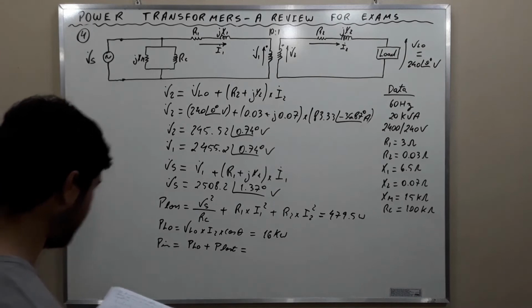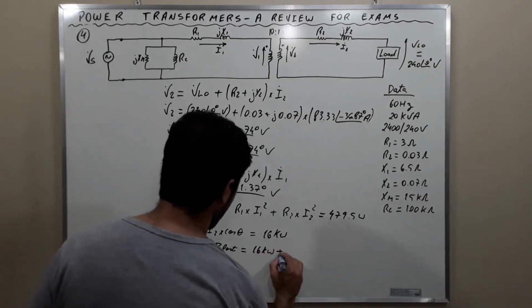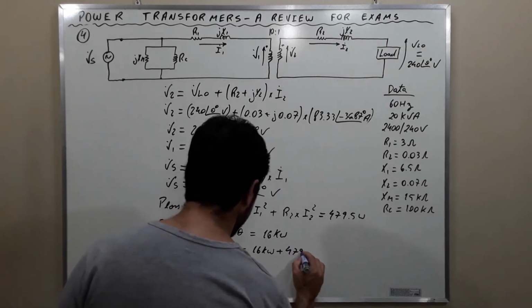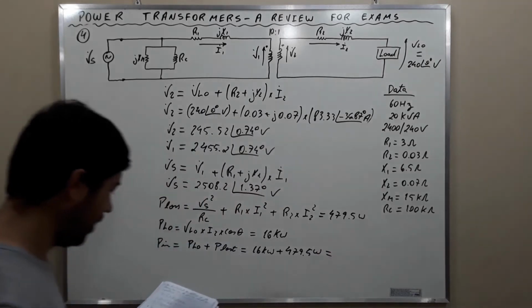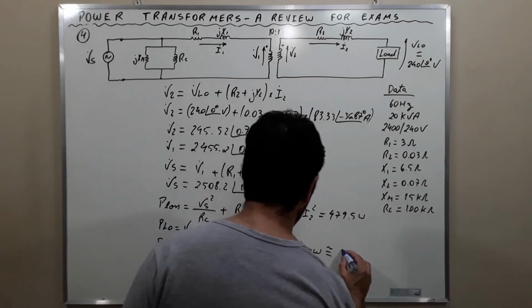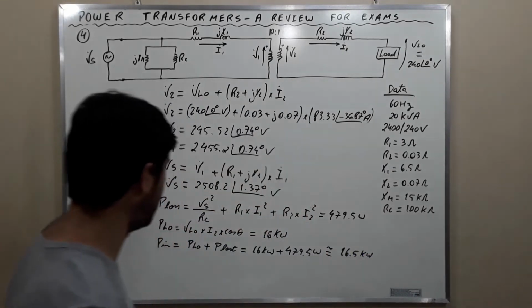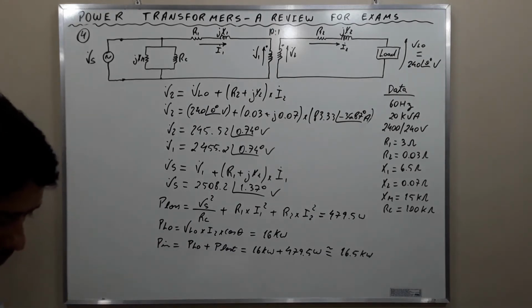And this is going to be 16 kilowatts plus 479.5 watts, which is approximately equal to 16.5 kilowatts. This is the input power, the power that enters the transformer.